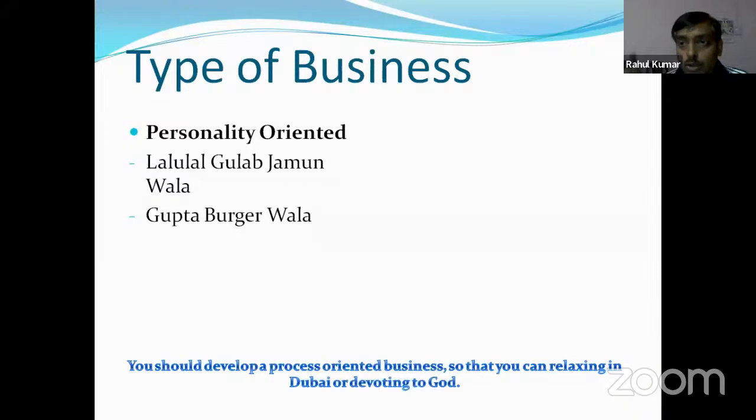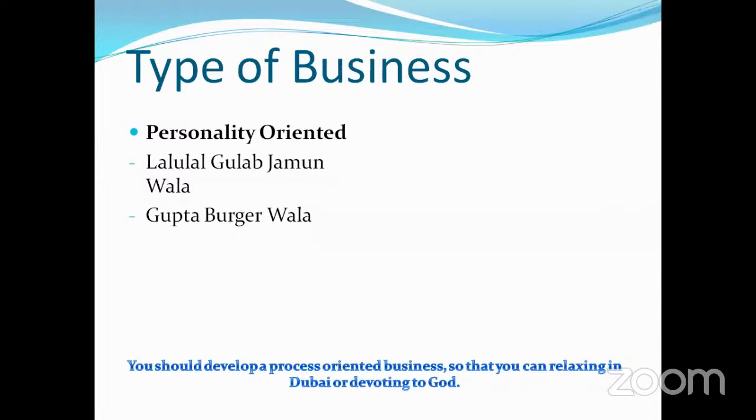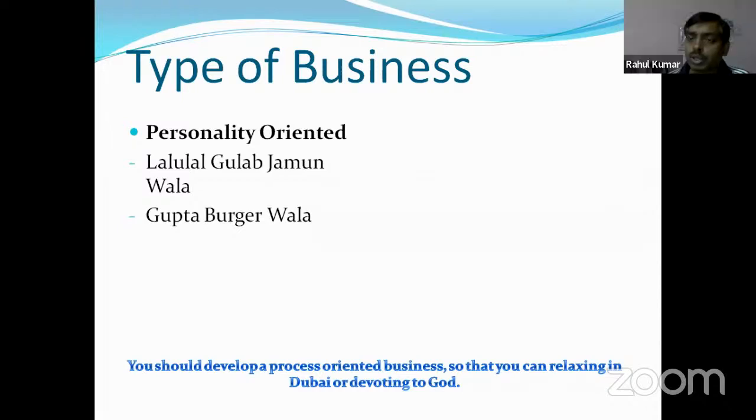We have to reach Gupta Burger Wala, not another one, because Gupta Burger Wala will give me the best quality of burger. At the same time, Lallu Lal Gulab Jamun Wala is also serving the best quality of gulab jamun to their customers. According to their name, they are providing. If that person is not available for a certain period, the quality is not going to be given to the customer at all.